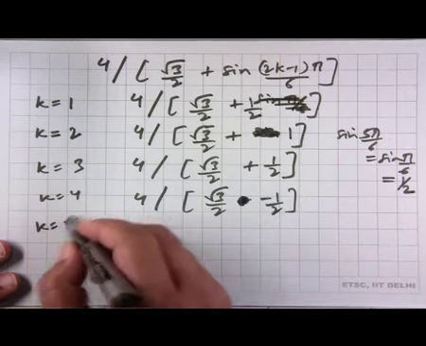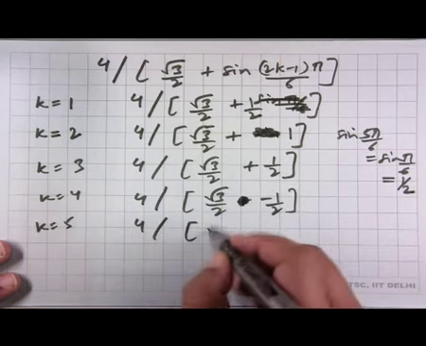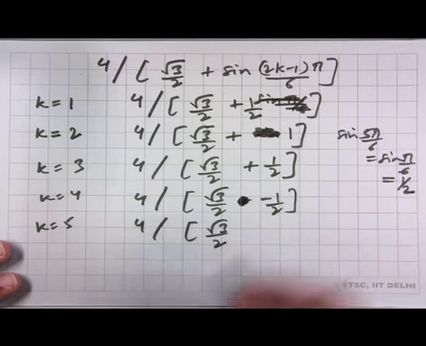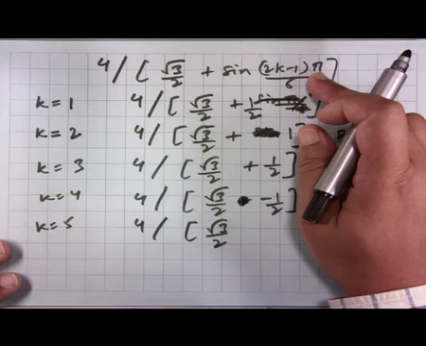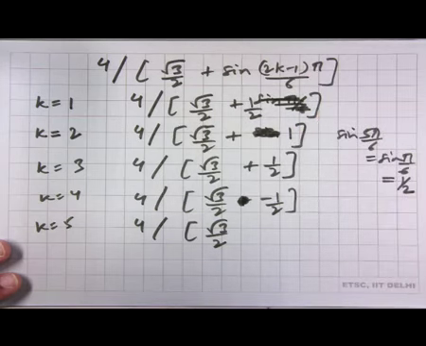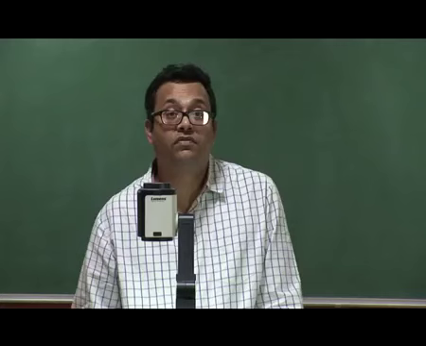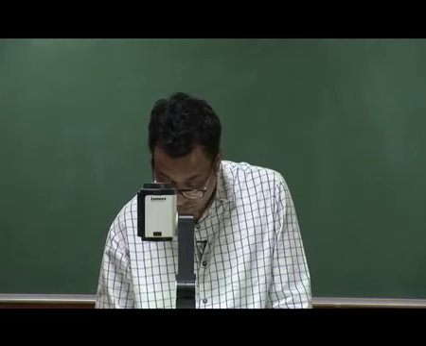K equal to 5, we get 4 divided by root 3 over 2, and then when we put 5 here we get 9 pi by 6. Sine of 9 pi by 6 is sine of 3 pi by 2, which is minus 1.